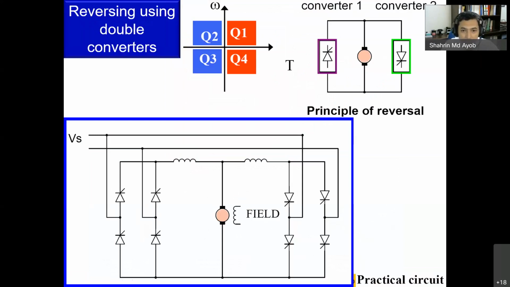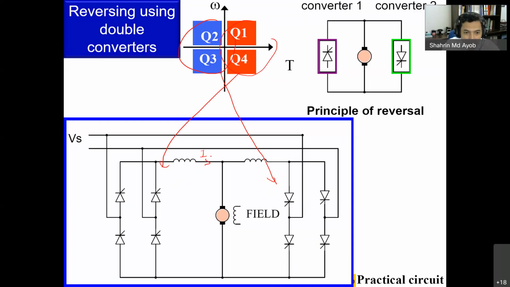Okay, and then this is by using two rectifier circuits. As you can see here, we have Q1 and Q4. This one is for these rectifiers, and Q2 and Q3 is by these rectifiers. Q1 and Q4 is when the current is positive.